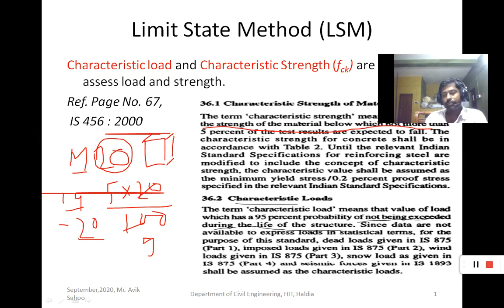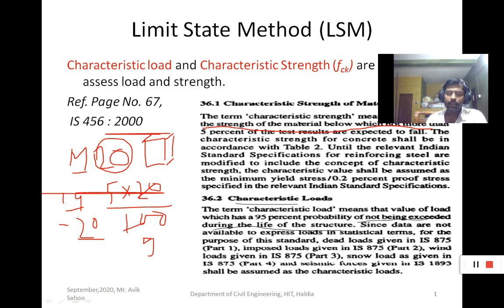Because in the previous method you have seen that the work stress method considers the actual load, but in structures, the structure may be overloaded. Overloaded means forces which we have not considered, like a severe earthquake, or any unseen load, or sometimes the structures are overloaded, so those things are not considered.